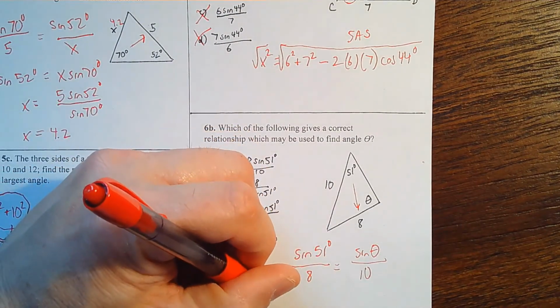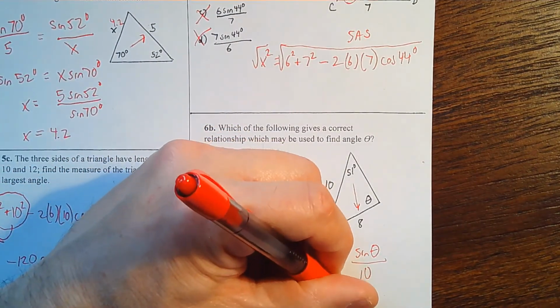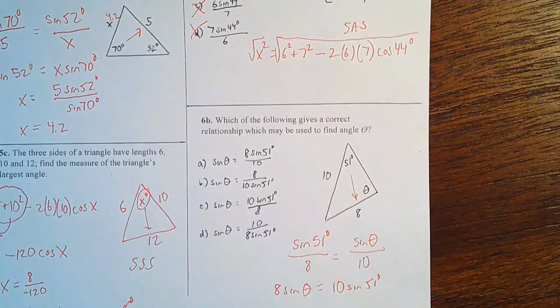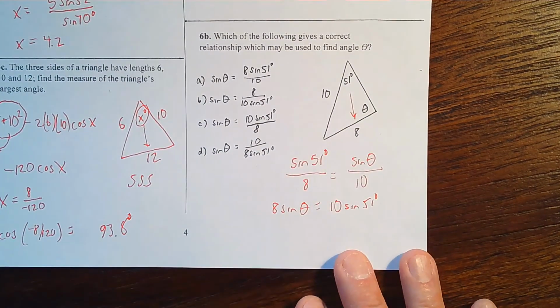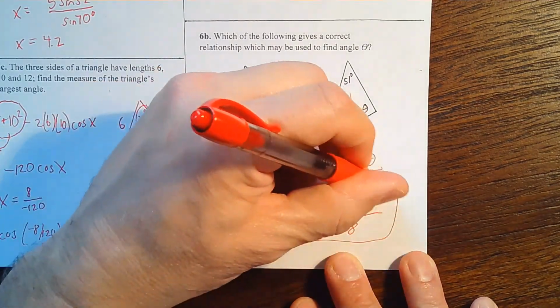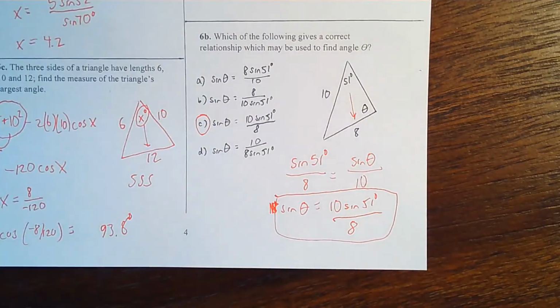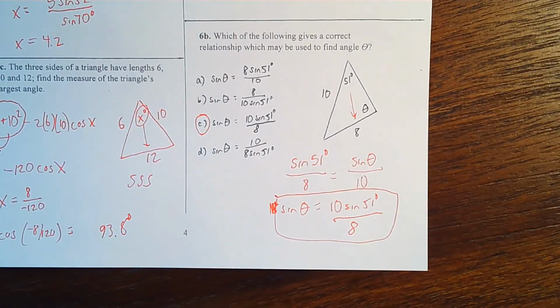Cross multiplying, we get 8 sine theta equals 10 sine 51 degrees. Divide by 8. I'm just going to take the lazy way out there. Sine of theta equals 10 sine 51 over 8. Answer C.